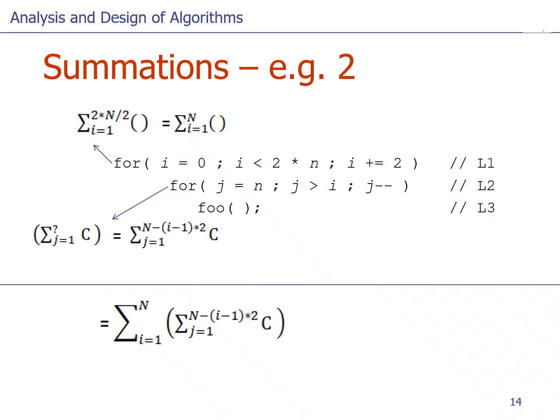The problem is we cannot sum negative counts, because when I crosses n by 2, the upper term here will be negative, right? For example, if n is 10 and I is, let's say, 7, work out the upper term for the inner summation.